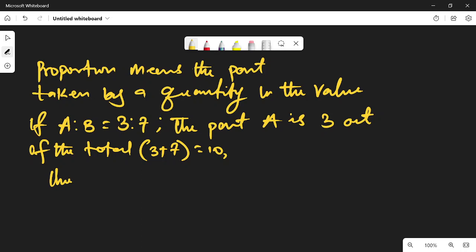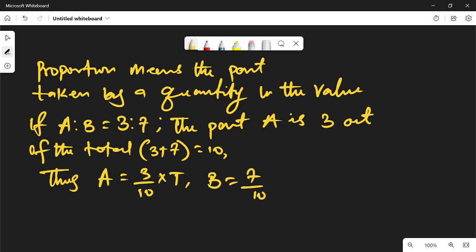So the portion of A is going to be 3 out of 10 multiplied by the total, and that of B is going to be 7 out of 10 multiplied by the total. So we have that T is the total.